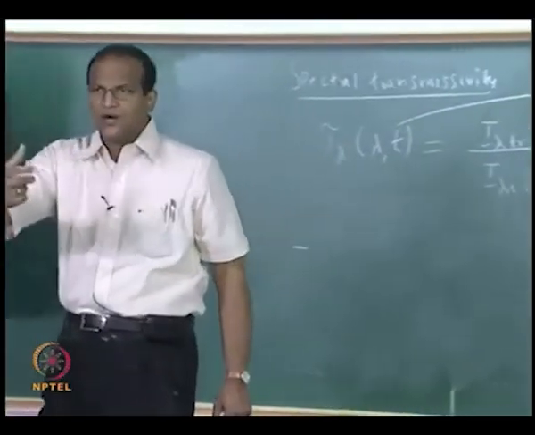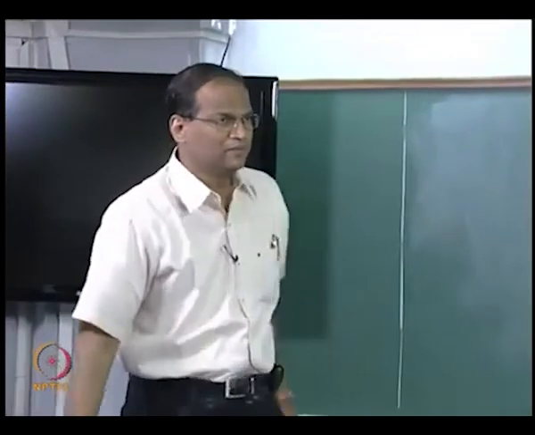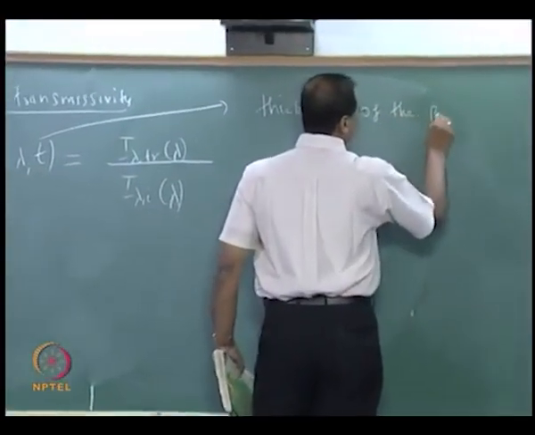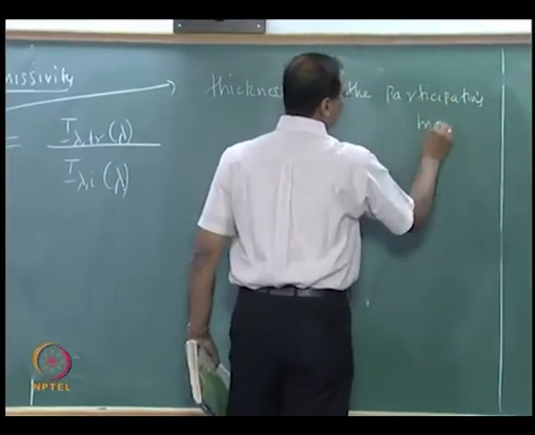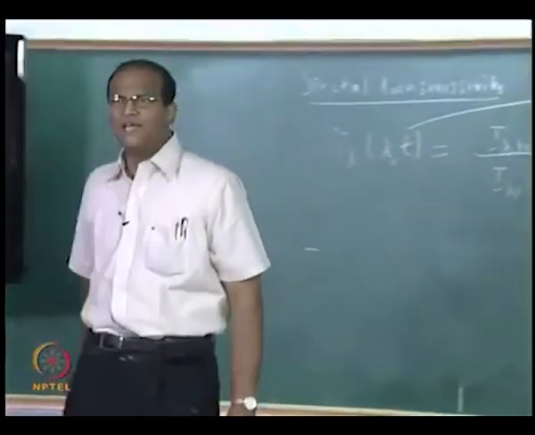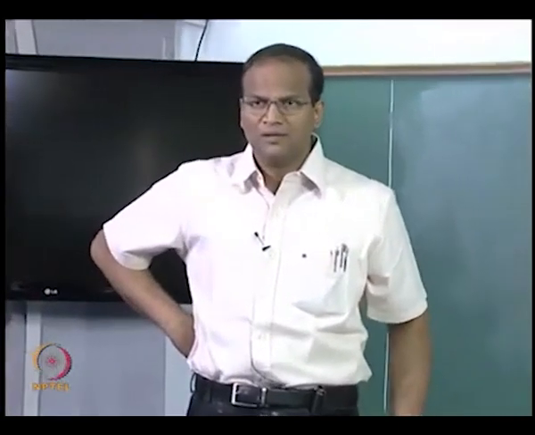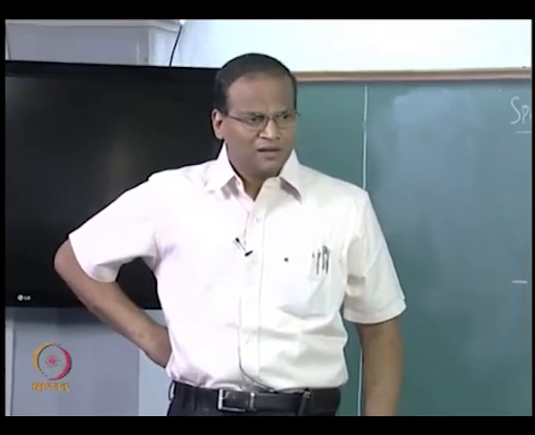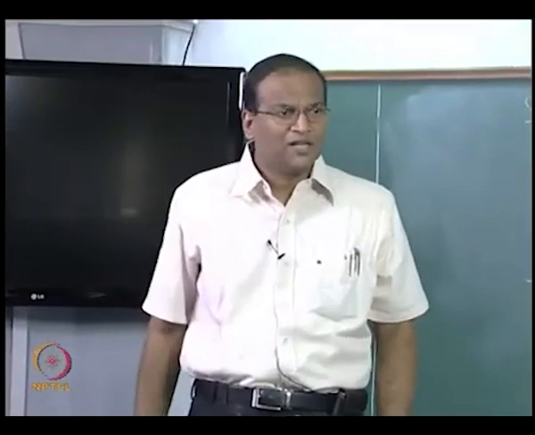A medium which absorbs, which can scatter and which can also transmit is called a participating medium. The basic difference between a participating medium and the surfaces we considered so far is that, for a surface, reflection and absorption were all happening in the first few micrometers. They were all surface phenomena.